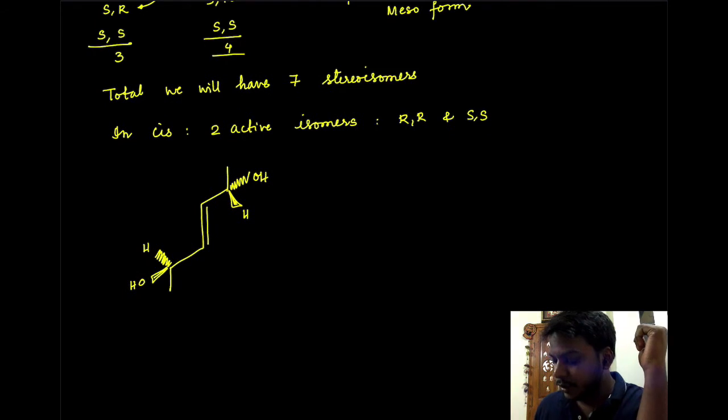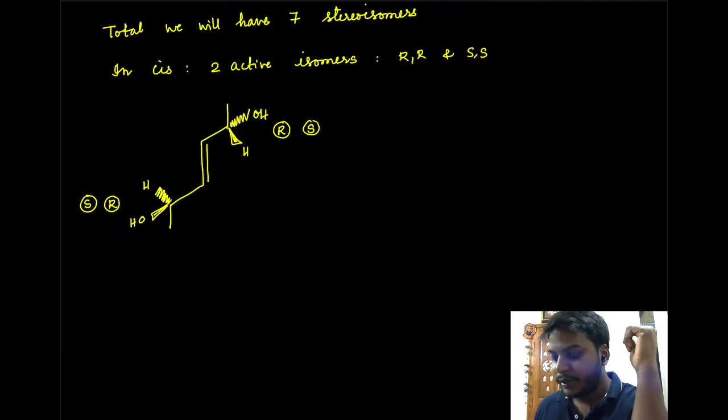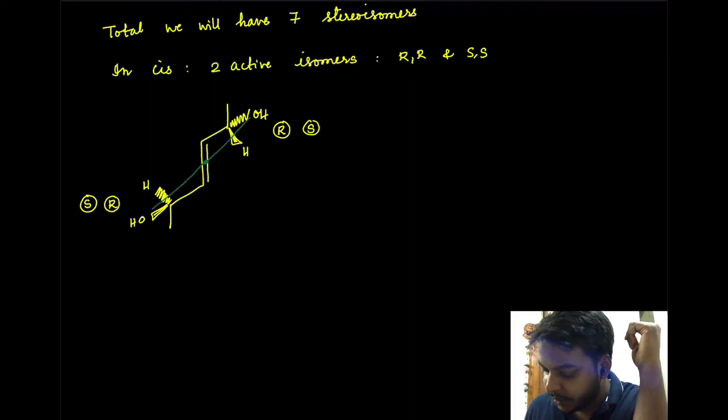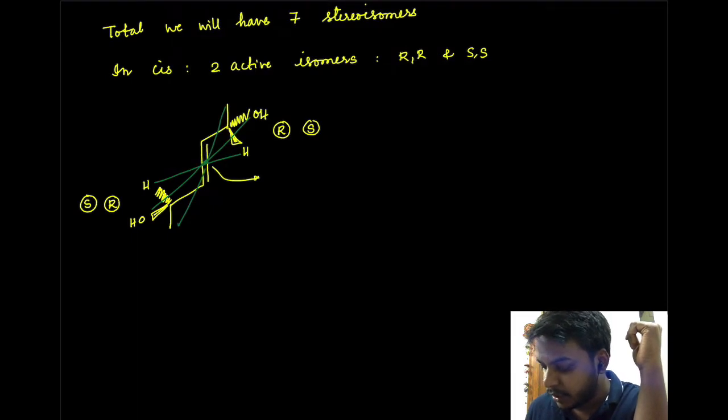Okay, so in this case, if this is R, then this would also be R. Similarly, if this is S, then this would also be S. And one thing you can observe carefully from here, if I take this center point, then this will be the point of inversion for hydrogen as well as for OH and also for methyl. So we can say actually we are having a center of symmetry.